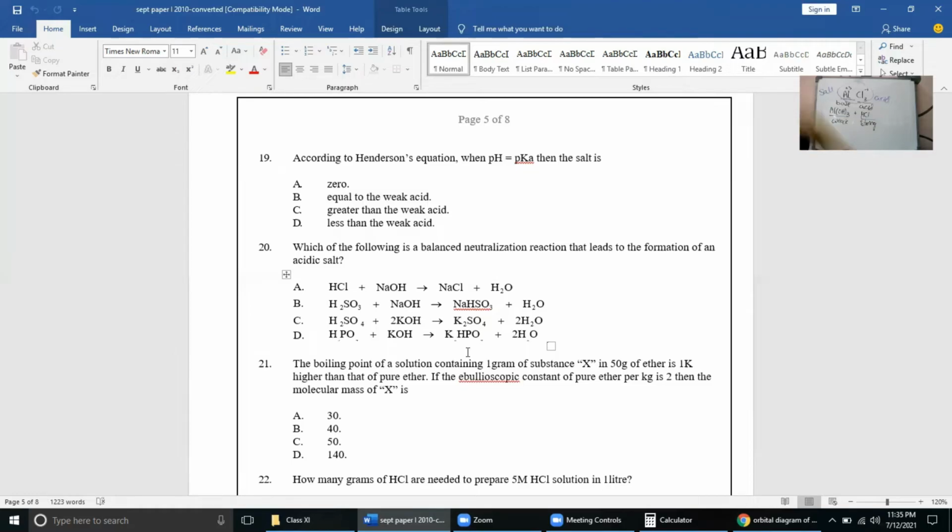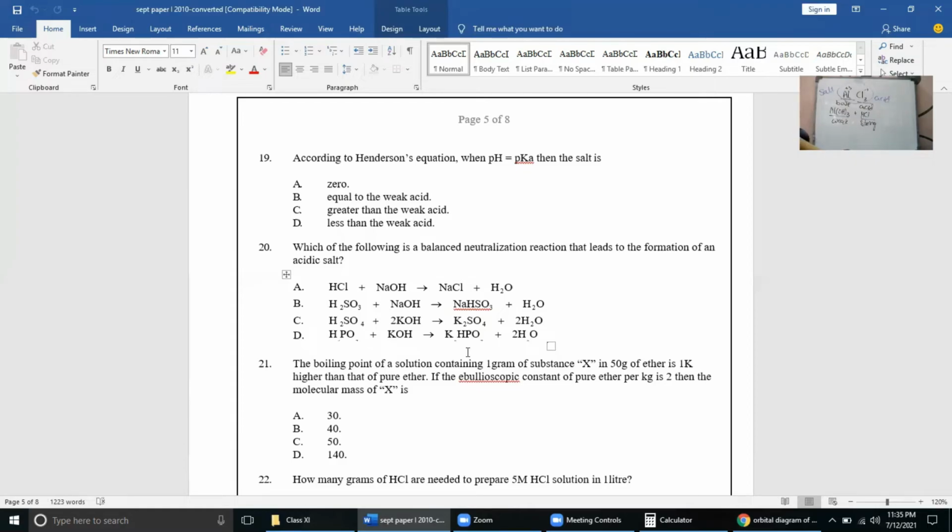So here you need to identify which one will produce an acidic salt, and you need to check the balancing as well and the charges as well.